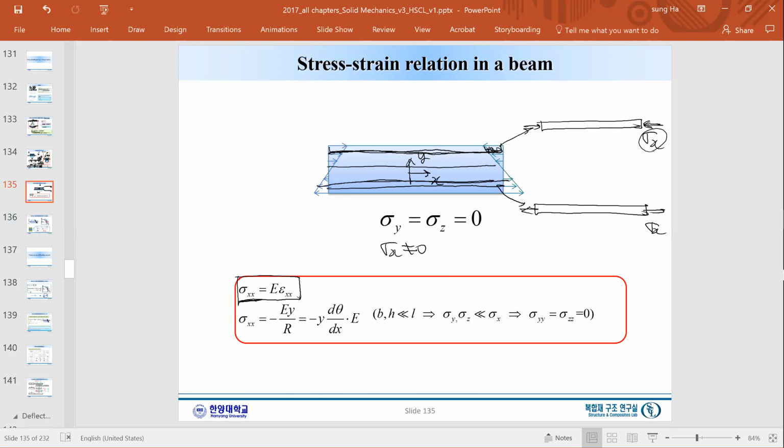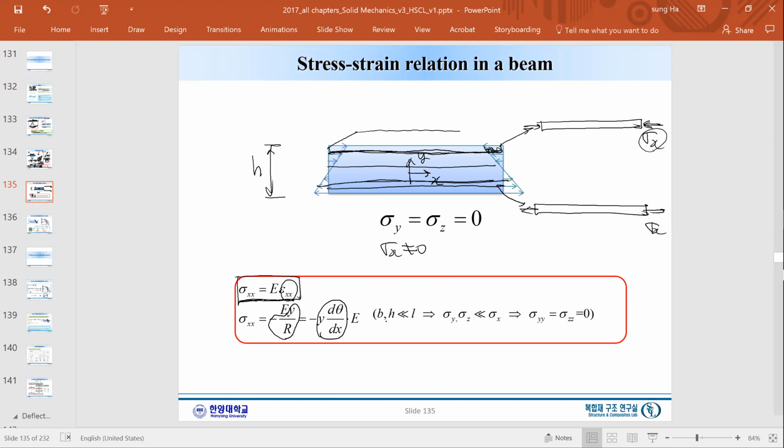So sigma x is simply, as well known, stiffness times epsilon x, and now we have epsilon x, which is like that, y over r, and which is also y d theta dx. This is a beam, and so beam means that, let's say this is the h, and h and b. What is the b?